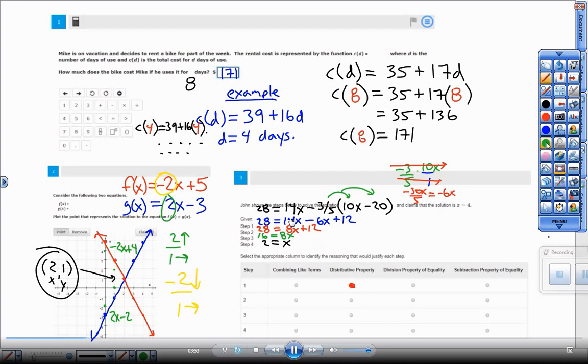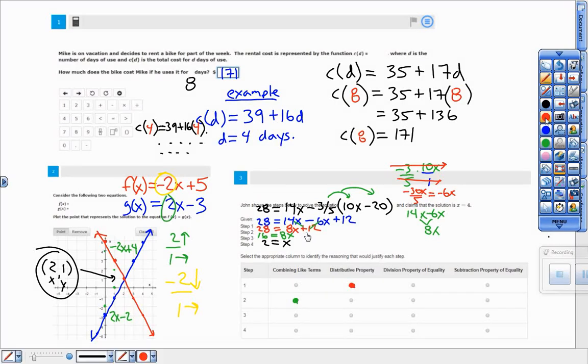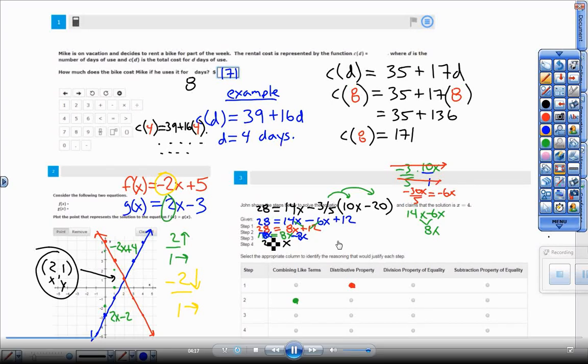I am then combining 14x and -6x to get that 8x. That is combining like terms. After that, I'm taking away 12 on both sides. Inverse operation, -12 on both sides. And that is the subtraction property.